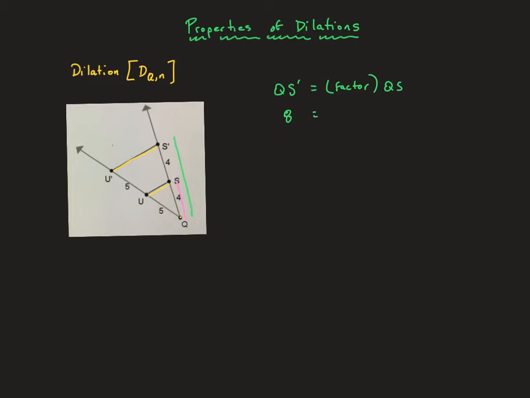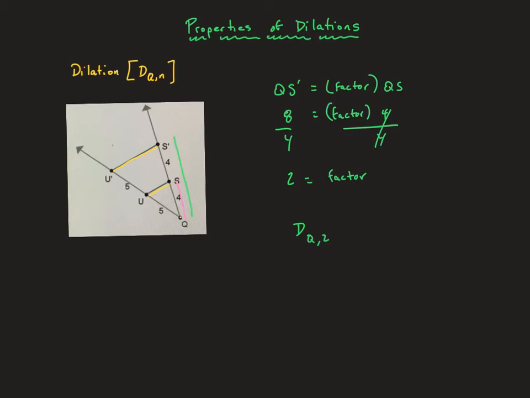Just the length. That is going to be equal to some factor, right, times my QS segment, which is 4. So if I just do some isolation there and I just divide by 4, I can tell you that my growth factor is going to be 2. It's a dilation of 2, scale factor of 2. So I'm thinking about the dilation as being from point Q with a scale factor of 2.